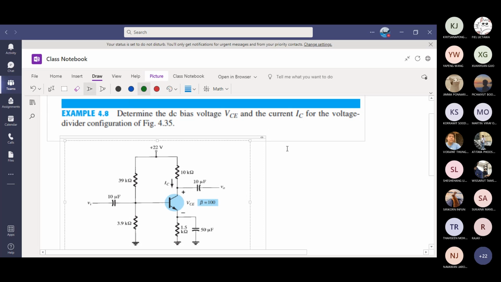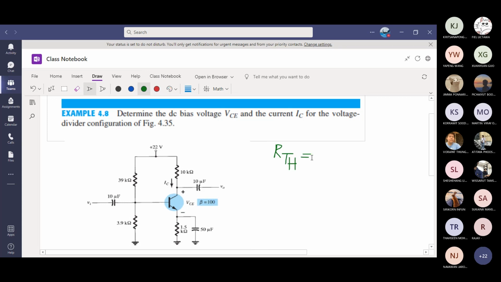First, find ETH and RTH. Let's find RTH for the exact analysis. Remember, RTH is R1 parallel R2. This is R1, R2. You have RC, and this is RE.